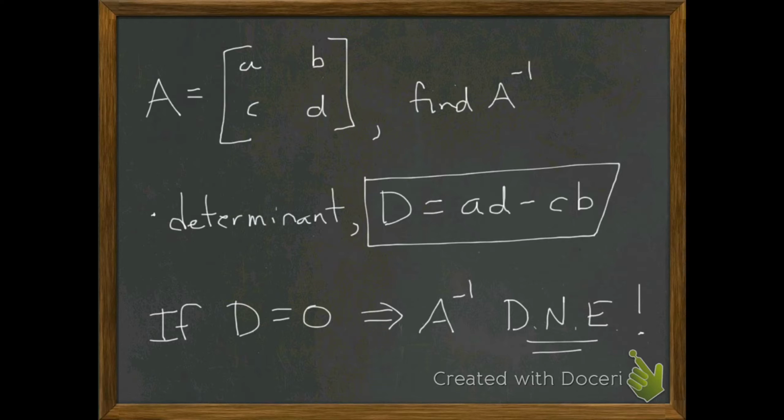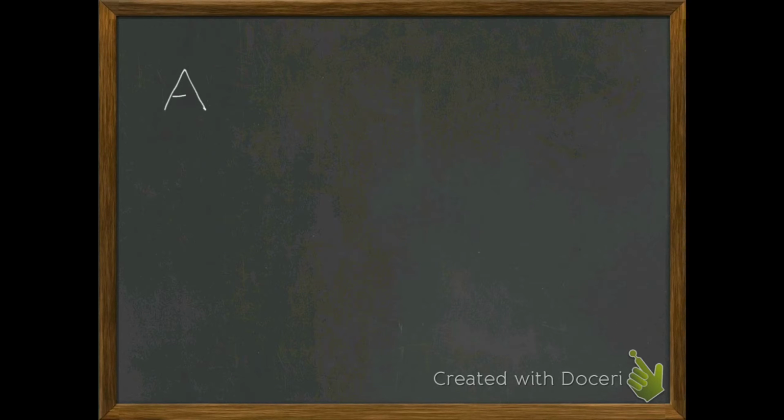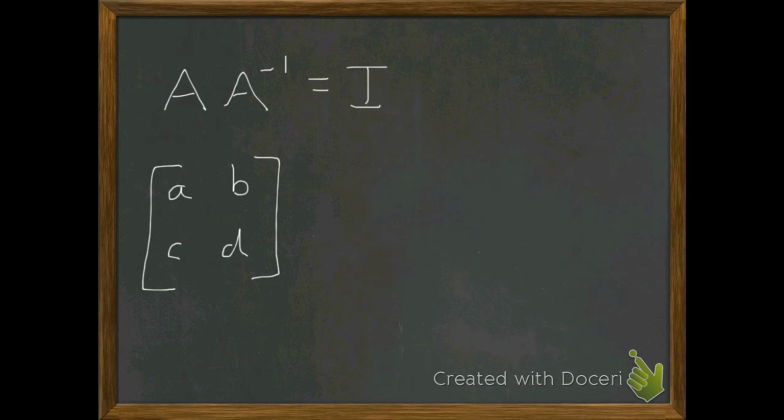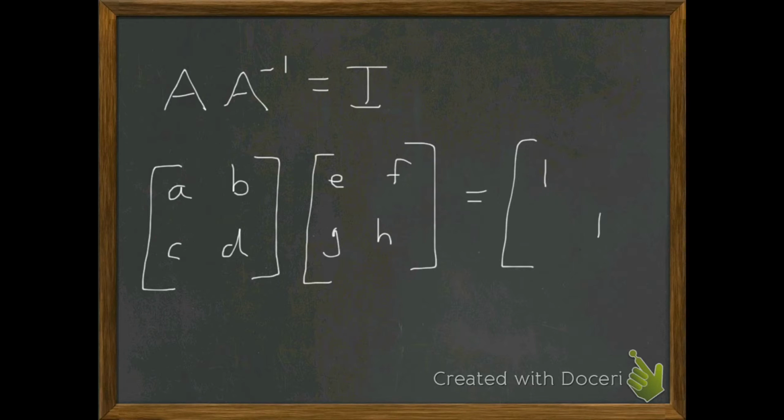So at the end of the day, because A times A inverse is equal to the identity matrix, what we're looking for is a matrix that I'll call EFGH, which gives us this.